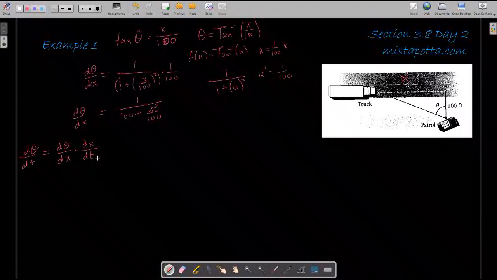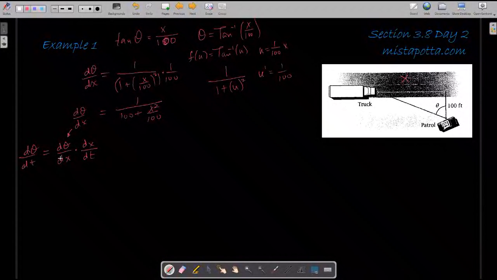This is the velocity of the truck. And this d theta dx we just found. So what I've got here is d theta dt as a function that I already know, and a value that's going to be very important for me.